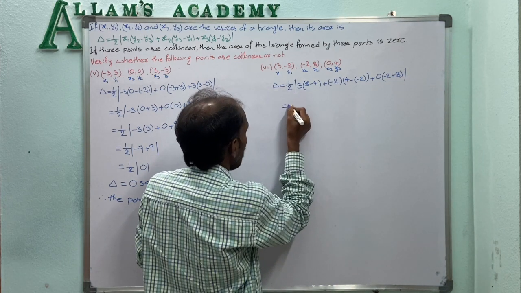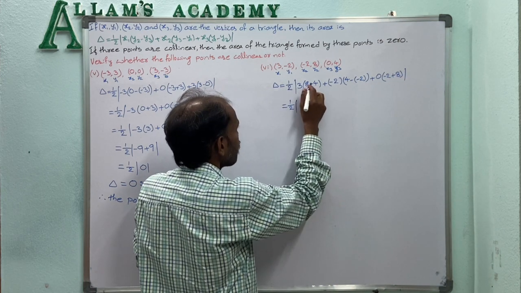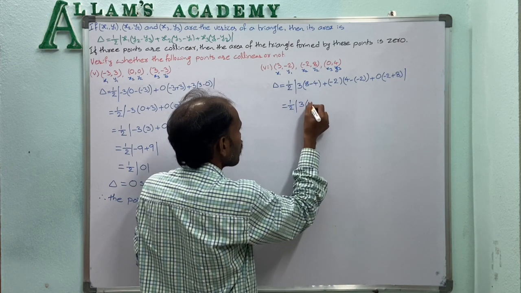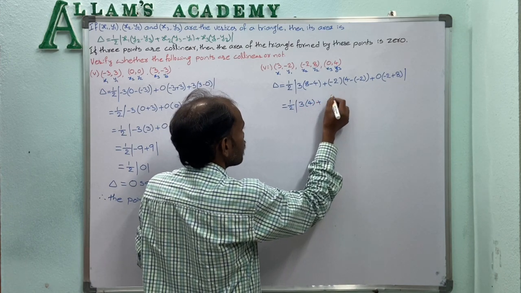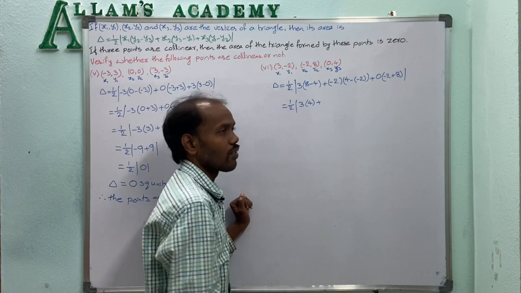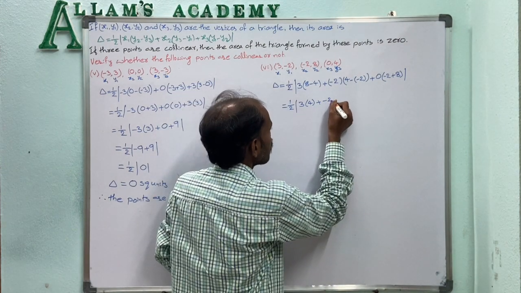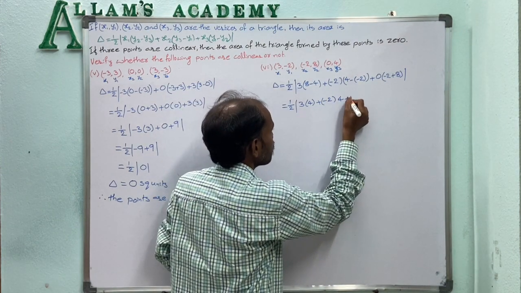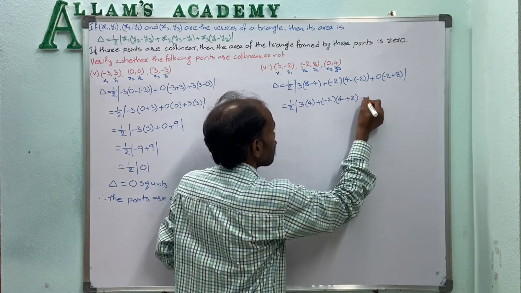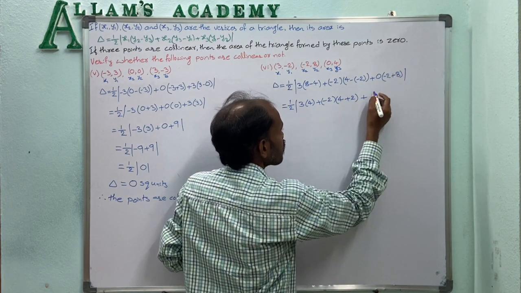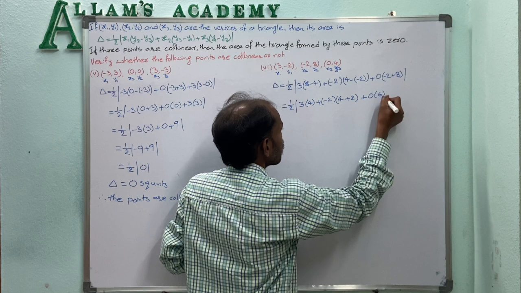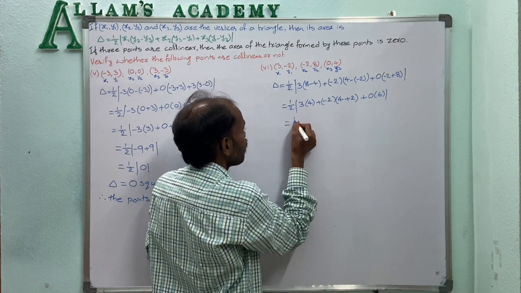That equals half mod, 8 minus 4 equal to 4. So 3 into 4 plus minus 2, 4 minus 3 is equal to plus 2. So minus 2 into 4 plus 2, plus 8 minus 2 that is 6. So 0 into 6. So 3 fours are 12.